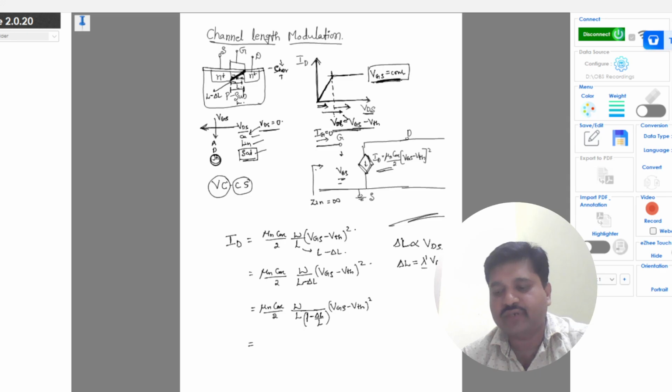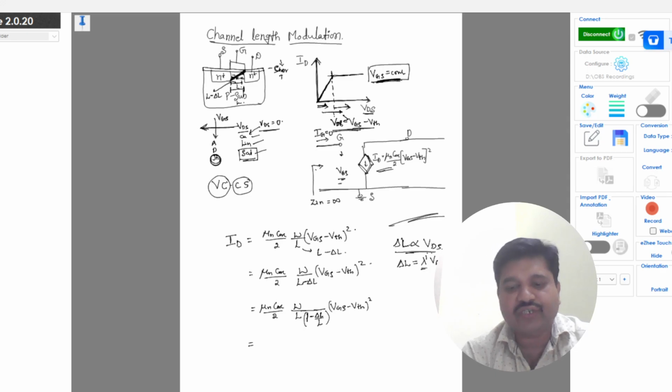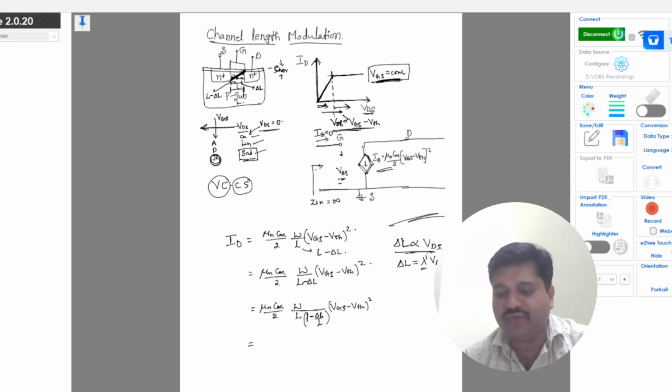The channel length is reduced by the same factor by which VDS has been increased. It is proportional to VDS.